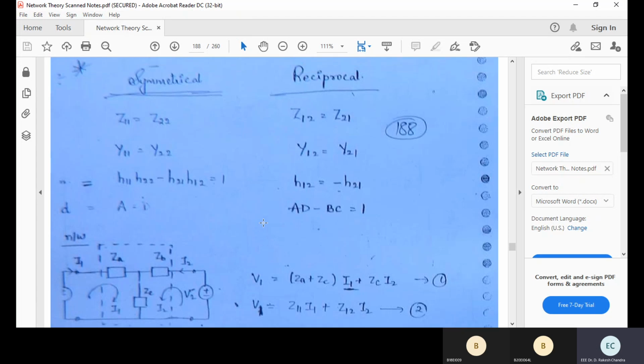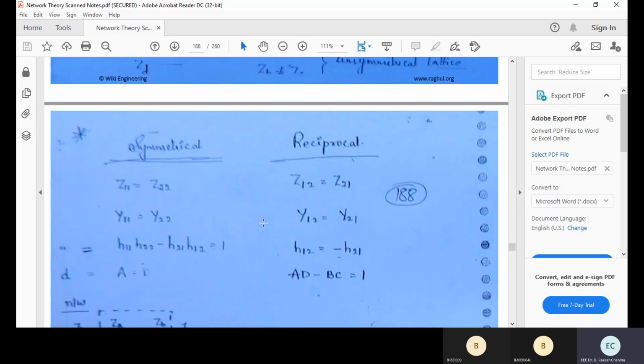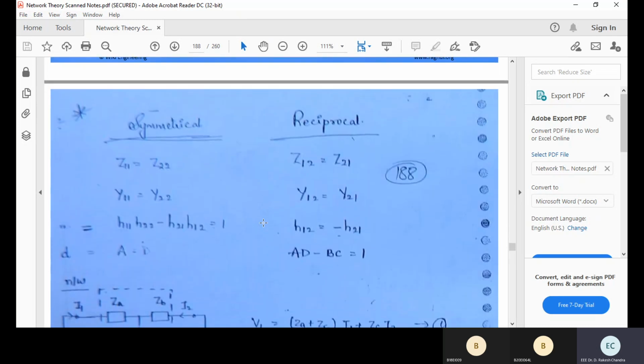For reciprocal, Z12 is equal to Z21, Y12 is equal to Y21. For hybrid parameters, symmetrical means H11 into H22 minus H21 into H12 is equal to 1. Reciprocal network means H12 is equal to minus H21. These are proven things for symmetrical and reciprocal networks.